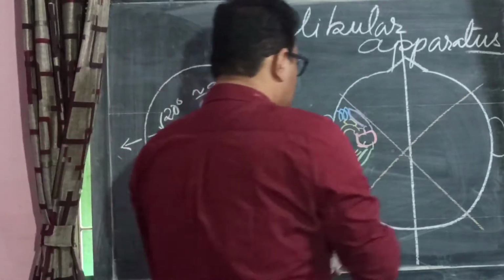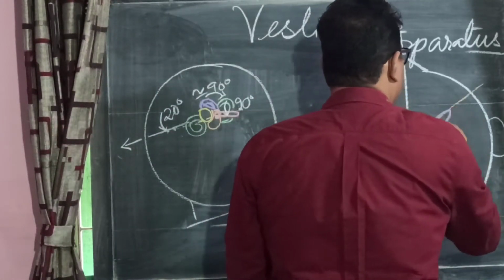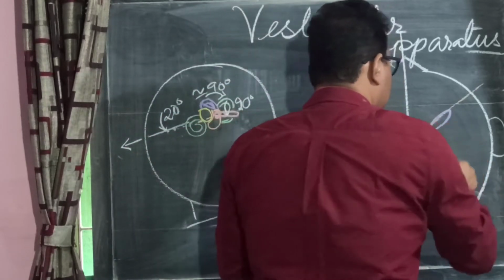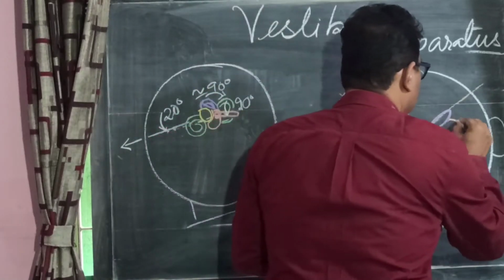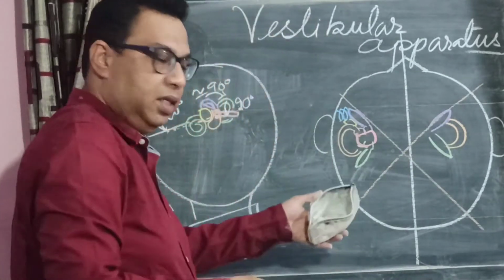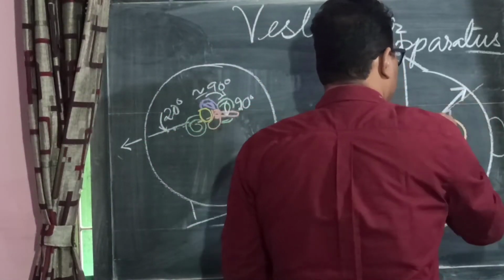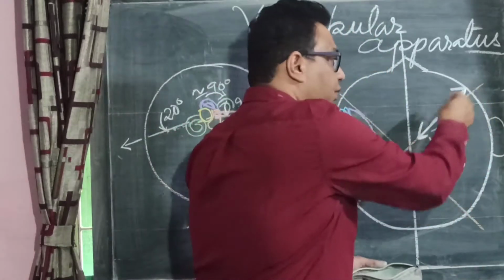So, on the other side also, you have the anterior canal, the posterior canal oriented in this fashion, and the horizontal canal oriented in this fashion. So, this orientation helps in the pickup of movement of this configuration.